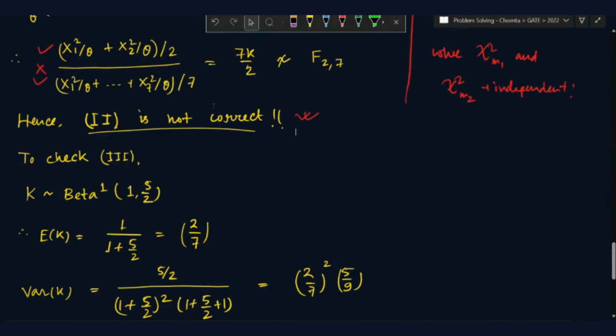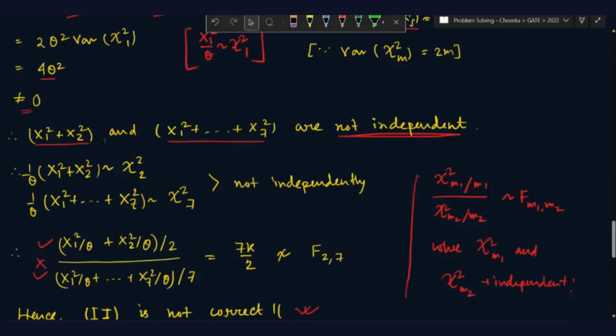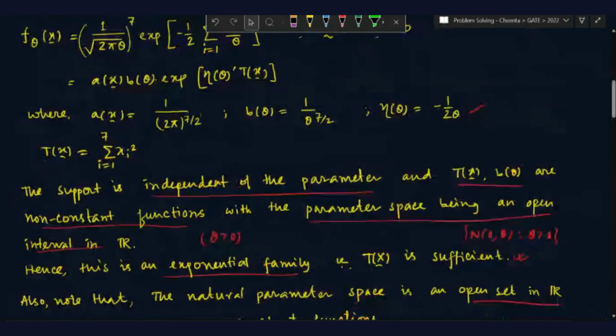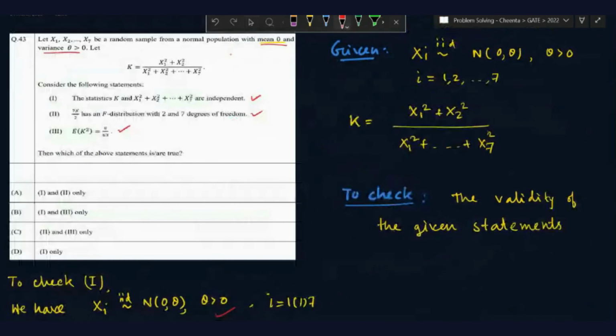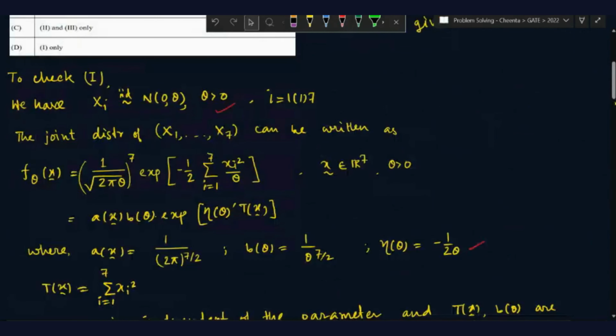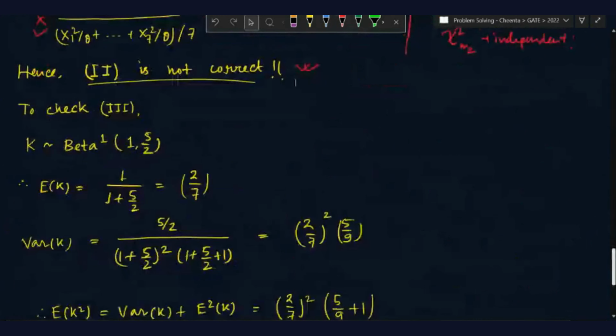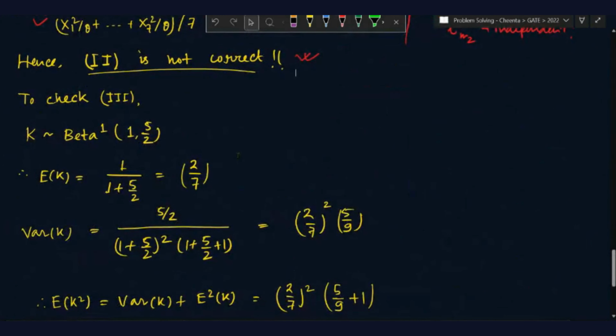Now to check condition 3, what does it say? Let us look at that. Condition 3 says to check whether the expectation of k square is 8 by 63 or not. To check this, we have already proved that k follows a beta 1 comma 5 by 2 distribution of the first kind.